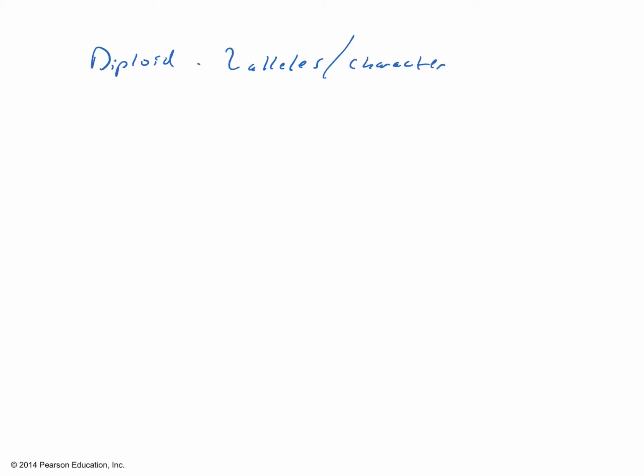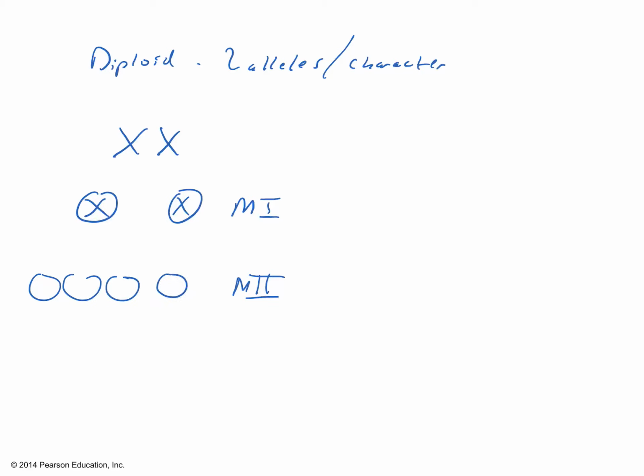Remember, we started off in meiosis, let's say, with a homologous pair of chromosomes. You have 4 chromatids there. And in your first cell division, we have 2 chromatids on one chromosome going to one cell, 2 on the other going to the other cell. That's meiosis 1, right? And then in meiosis 2, in the case of sperm production anyway, we have 4 cells, each one getting only one of those original 4 chromatids.